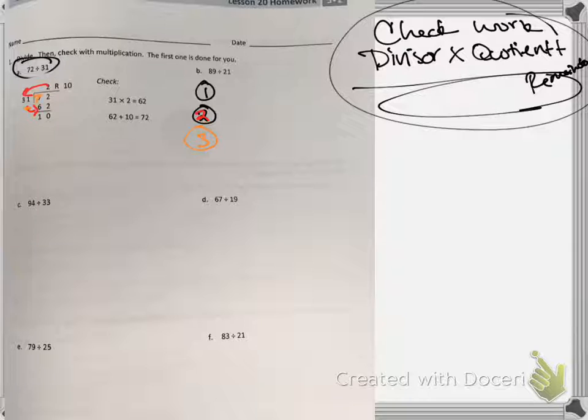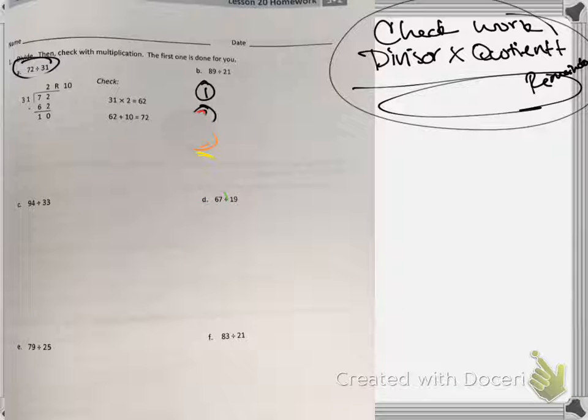Yep. 72 minus 62 is 10. Fourth step. Did they bring down? Well, they have nothing to bring down, so nothing is brought down. And then the final step, step 5, is remainder or repeat. Do they have a remainder? Yes, they have a remainder of 10. So they got 2 remainder 10 as their answer.